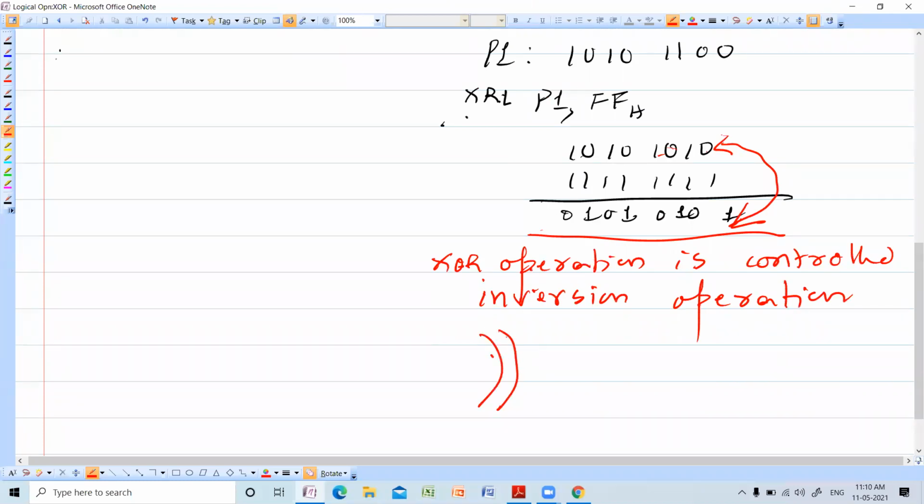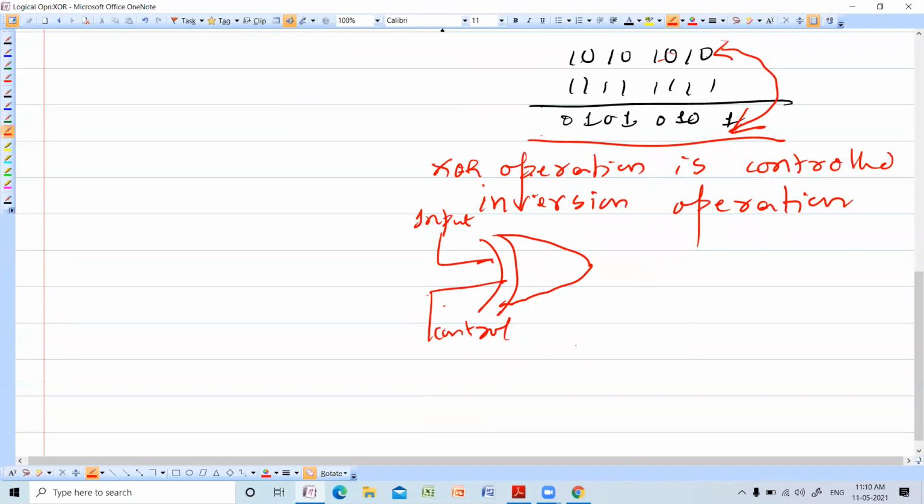This is the XOR gate, all of you know. Suppose you put this as the input and this as the control. I am giving the name to the XOR inputs: one is the control, the other is the input.